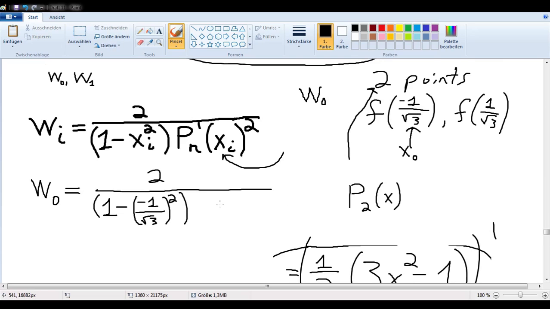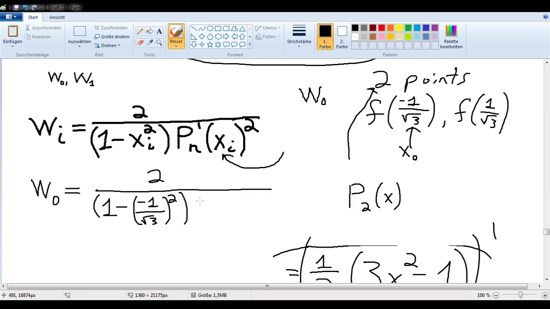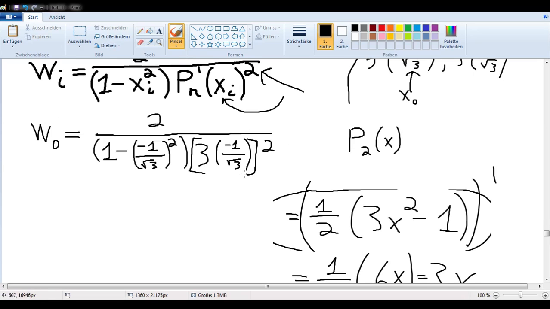So we need to put in x naught here. So 3 times x naught was -1 over the square root of 3, and I need to square that whole thing, right? That's what this is right here. So let's see what that works out to. So we get 2 divided by 1 minus, well, -1 over the square root of 3 squared is just 1/3, right?